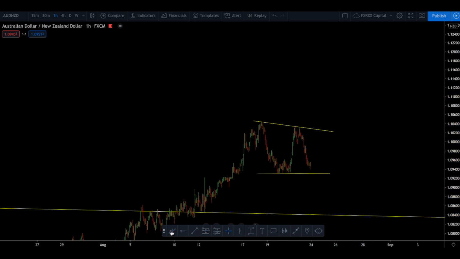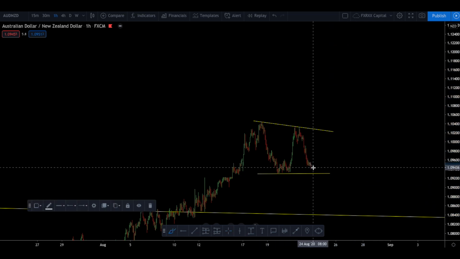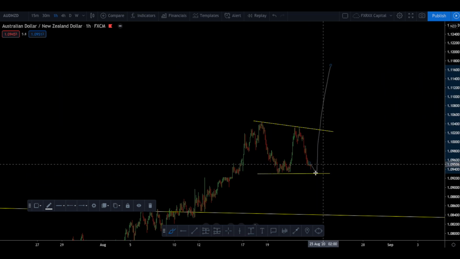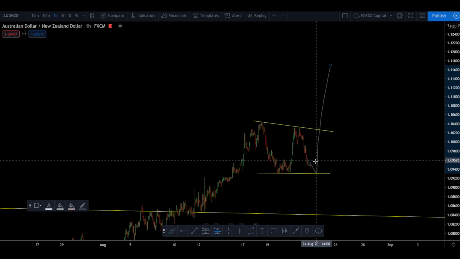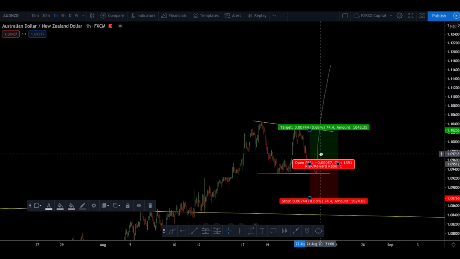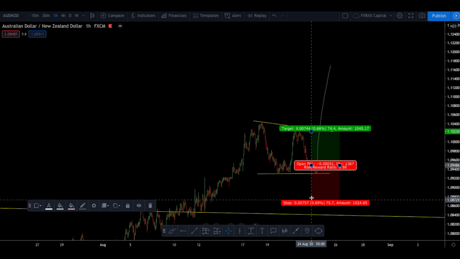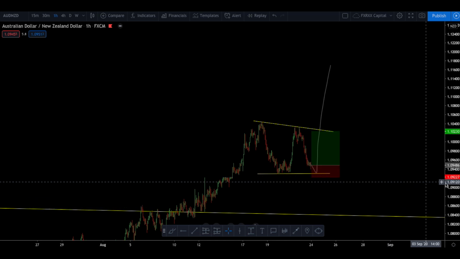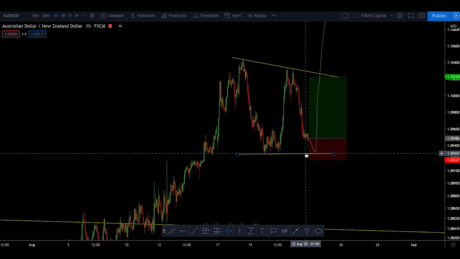But I will set an entry order from this point and move to the upside. So the entry price will be this area and stop loss towards the structure, below the structure.